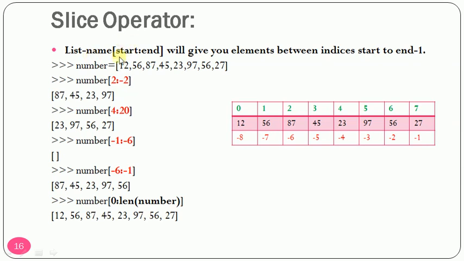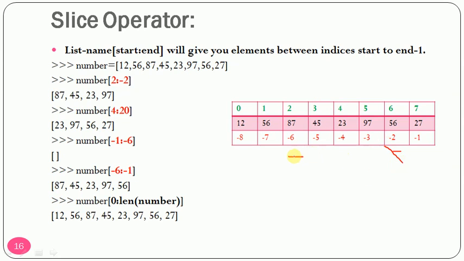First you have to say the start point. Look at this example, num[2:-2]. Here 2 is the start point, and minus 2 is the stop value, the end value. 2 is the forward index, so here is that point 2. Then the stop value is given as minus 2, which you can see is the backward index. Forward index 2 to minus 2 means that beyond this we don't want.